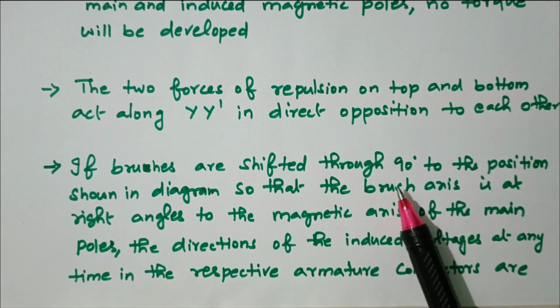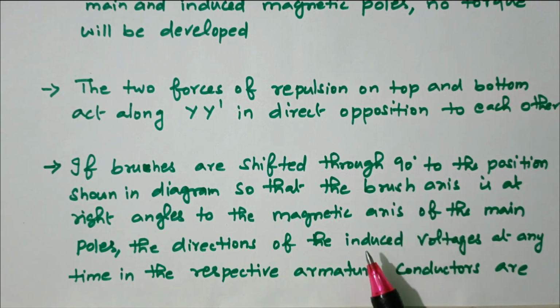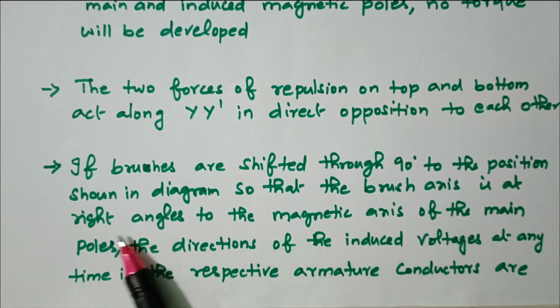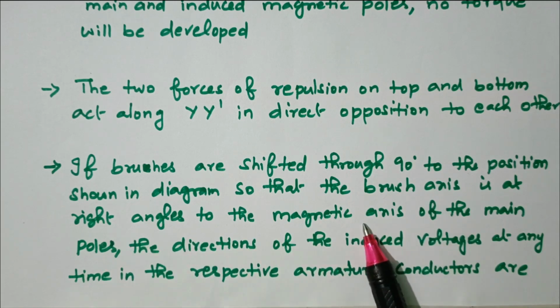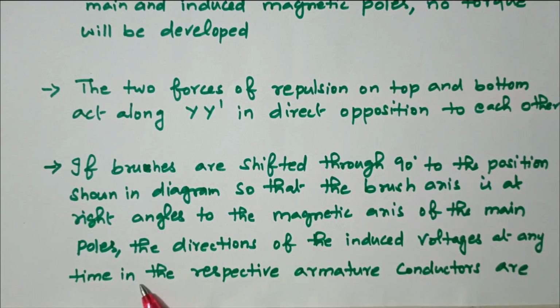So in the next step, we are shifting the brush positions by 90 degrees, so that the brush axis is at a right angle to the magnetic axis. The direction of induced voltage at any time in respect to the armature conductor is very similar to that given in diagram A.